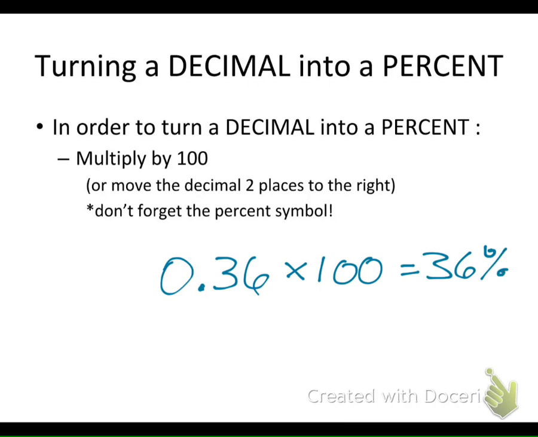Or, with the same decimal, move the decimal 2 places to the right. I'm going to start right here, and I'm just going to drag it like this, 2 places to the right. Like that. And then the decimal goes here, and that is the same as 36%.